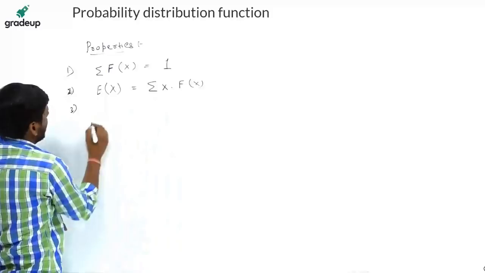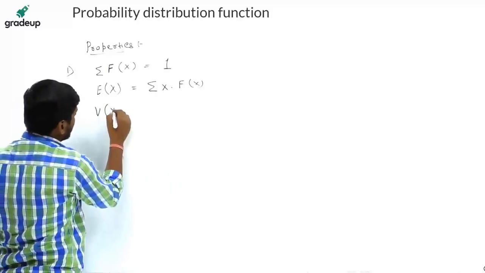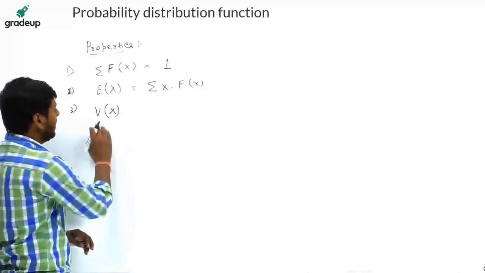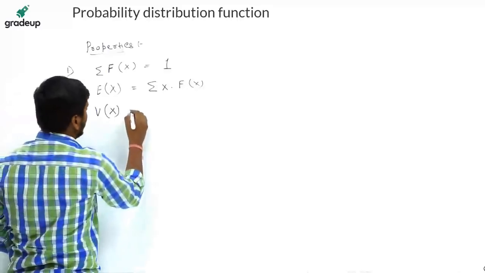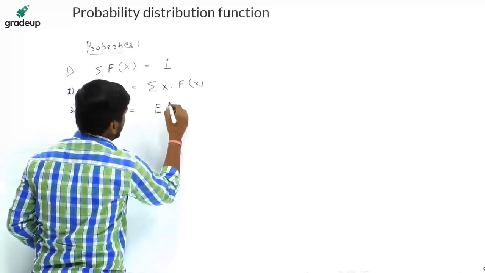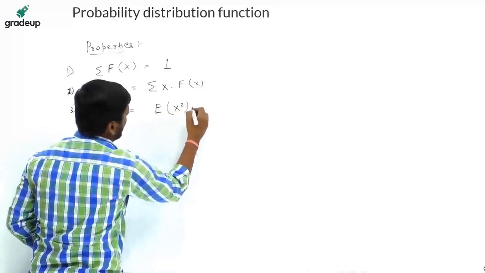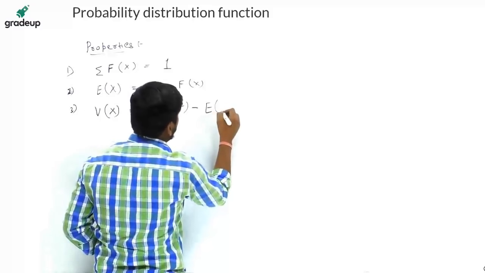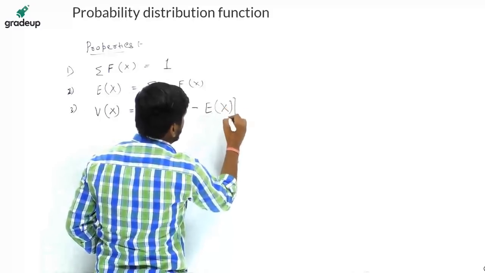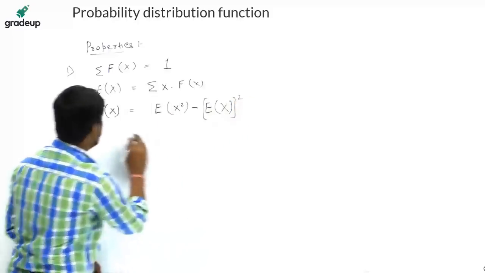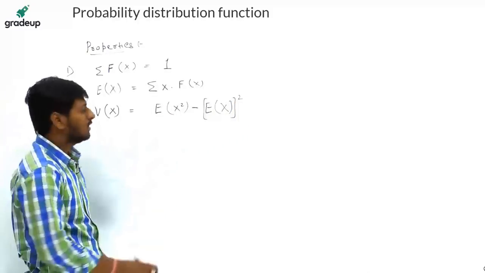Third is variance. V(x) is the variance of random variable x. Variance is E(x square) minus E(x) whole square. This is the variance of the distribution function.